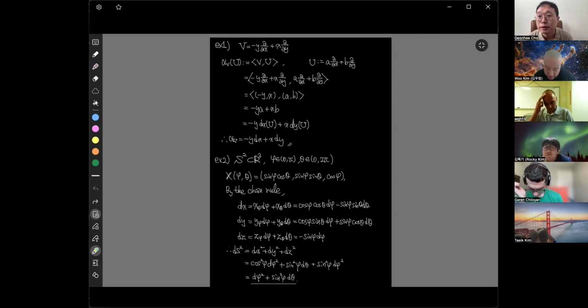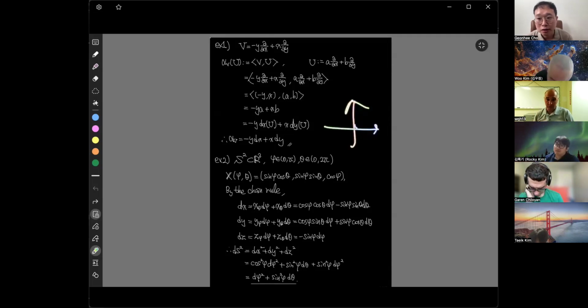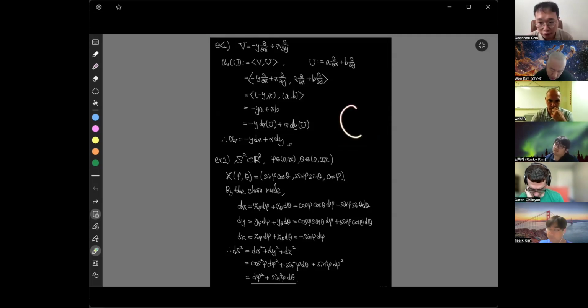This gives our topological distinction, so it really matters whether we define this vector field on the unit disk or the punctured disk. This is actually the only topological difference, and it has a bunch of implications later on. So it's good to think about it. I just want to point out this is important.